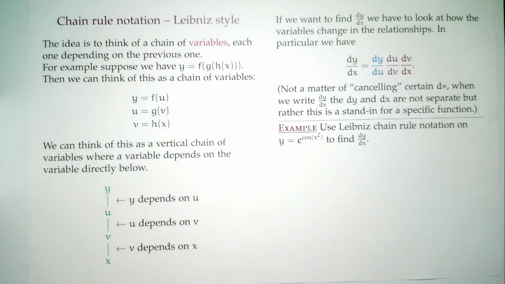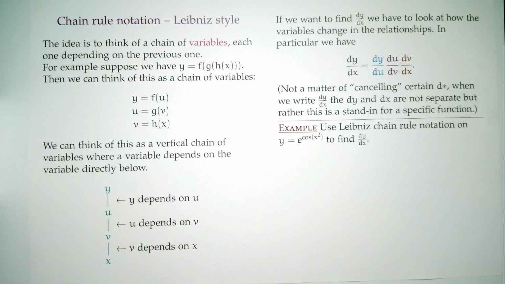Now, there is this tendency to see this formula and say, it makes sense. Because the du's are canceling and the dv's are canceling. All that doesn't cancel is the dy on the top and the dx on the bottom. And so you say, I believe this, easy proof. But here's a word of warning. You shouldn't think of dy over du as being two separate things.